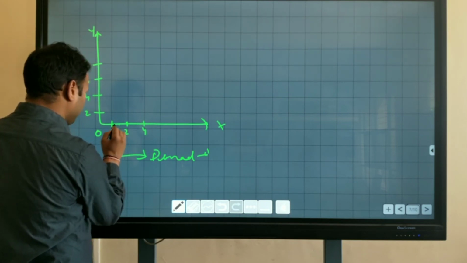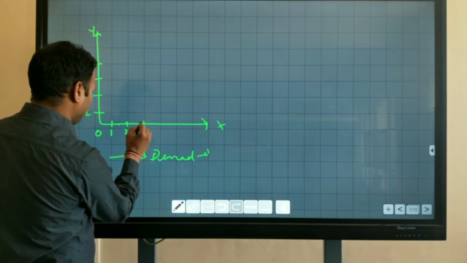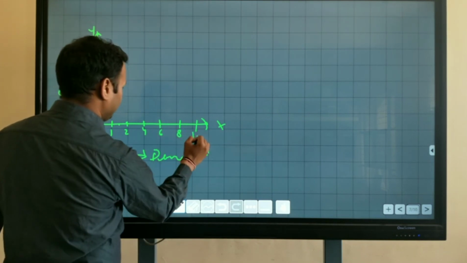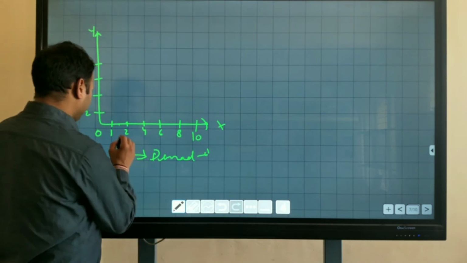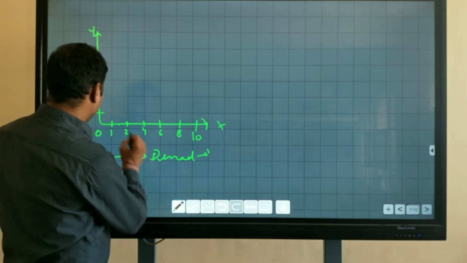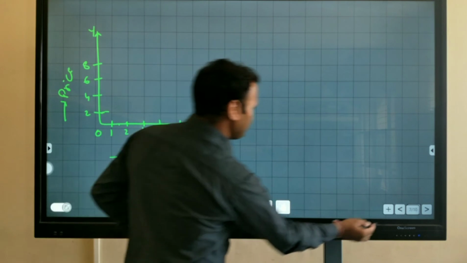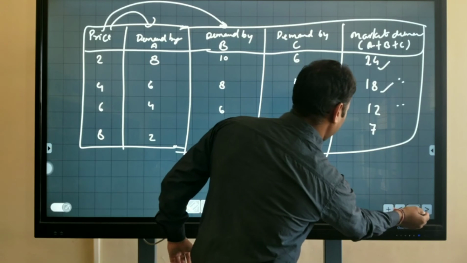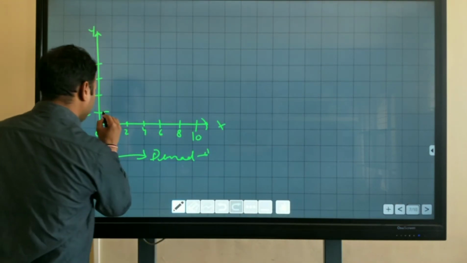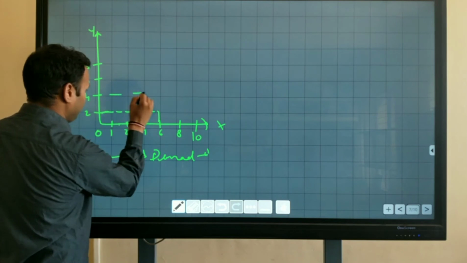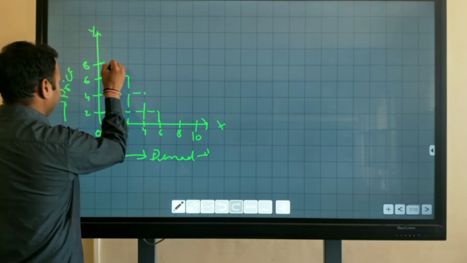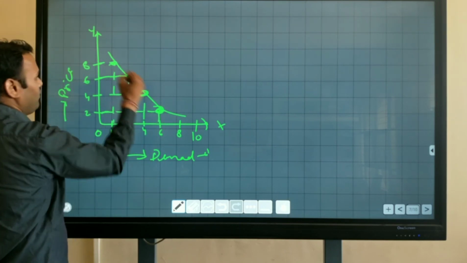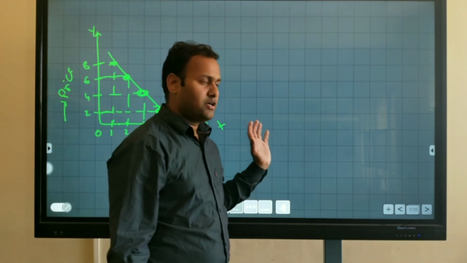Maybe your gap is a little bit less compared to this, and 6 and 8, or you can write here 10. So at the price of rupees 2, the demand is how much? Demand is 6. Price is 2, then demand is 6, then price is 4, demand is 4. Okay, this is the demand by consumer C.